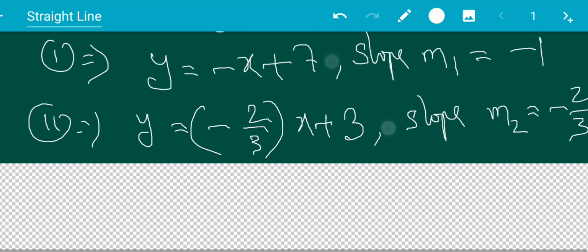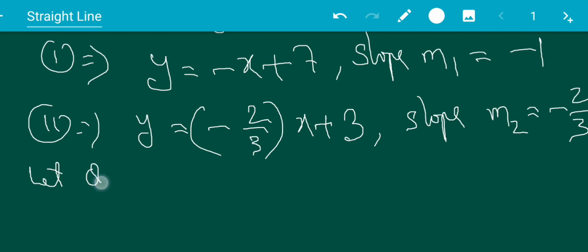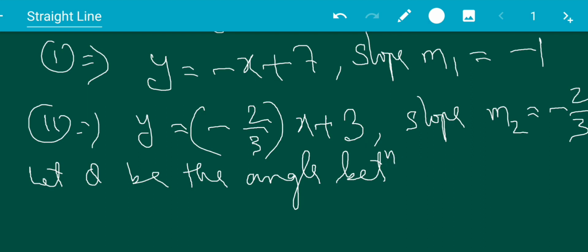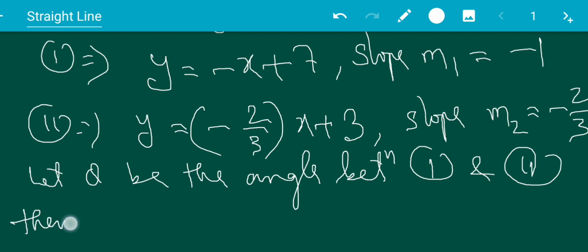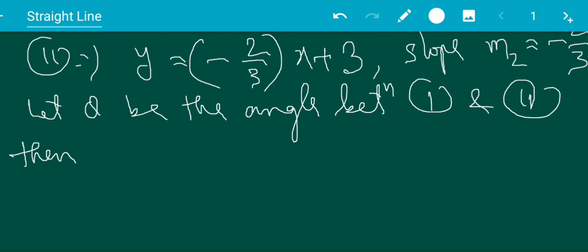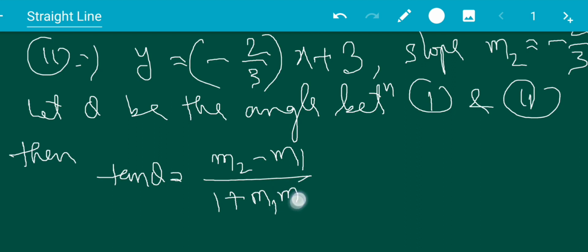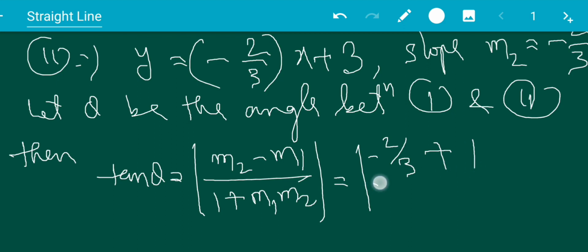Okay, let theta be the angle between 1 and 2. Then tan theta is equal to m2 minus m1 divided by 1 plus m1 m2. So here I can write mod of minus 2 by 3 plus 1 whole divided by 1 minus 2 by 3.